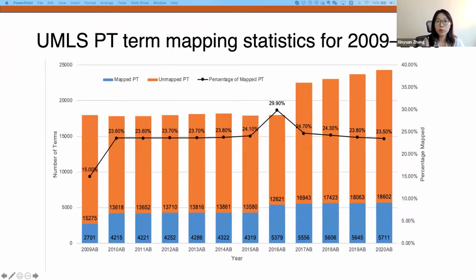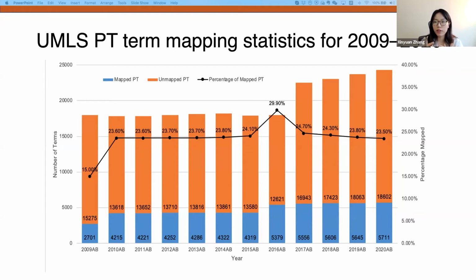We also did an analysis of the mapping status trend from the UMLS documents. So we basically extracted the AB version of the UMLS file for each year for the past 11 years. And as you can see, since the year 2010, the number of terms added each year has been increasing.